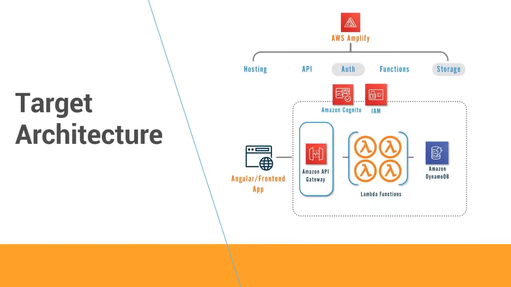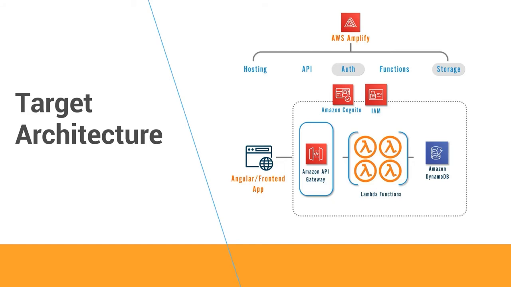This is a diagram of our target architecture that we're working towards throughout this series of videos. As you can see, Amplify CLI supports many aspects of the application, including the aspects that you see at the top here. In this particular video, we have highlighted auth and storage as our target aspects.